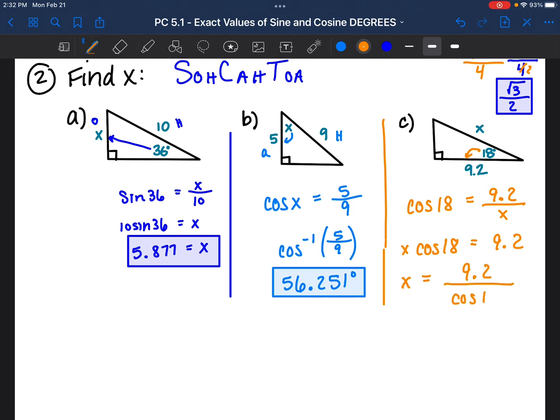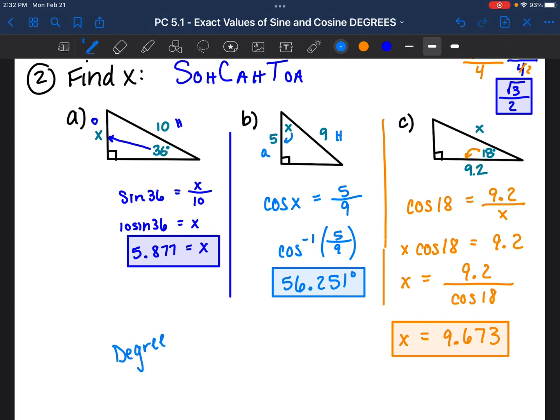Plugging that into your calculator, accuracy to 3 decimal places should be 9.673.